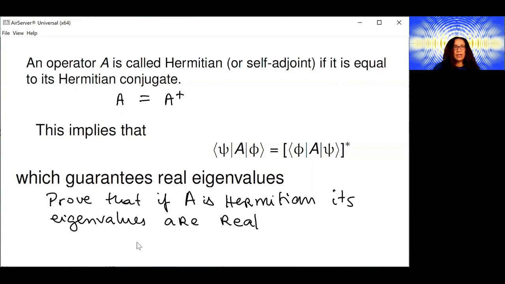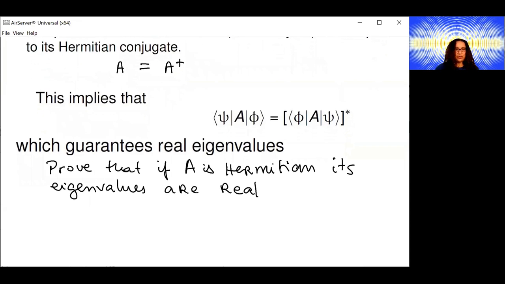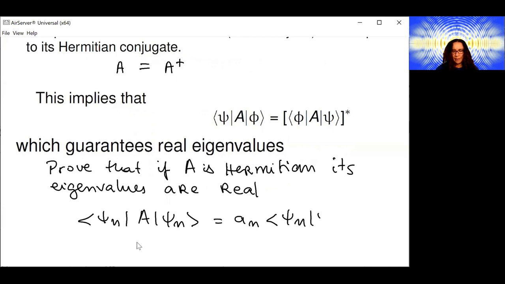All right, so let's have a look and let's come up with a proof. To start with, we are going to use an eigenvalue equation. So we're going to say that A psi n equals a n psi n, whereby this A here is an operator.